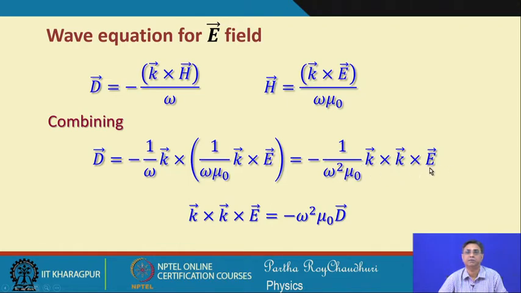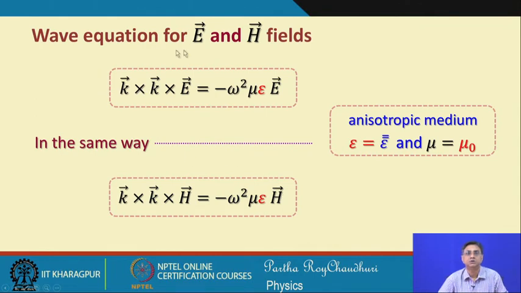So, this is a vector triple product. So, we end up with this because the right hand side is omega square mu naught D. So, we can write this equation in this form: k cross k cross E is equal to minus omega square mu naught D. So, this represents the wave equation, because D you can now write as epsilon E, where epsilon in case of an anisotropic medium is a permittivity tensor, and similarly for the magnetic field we can also arrive at this equation k cross k cross H equal to minus omega square mu epsilon H by following the same recipe.